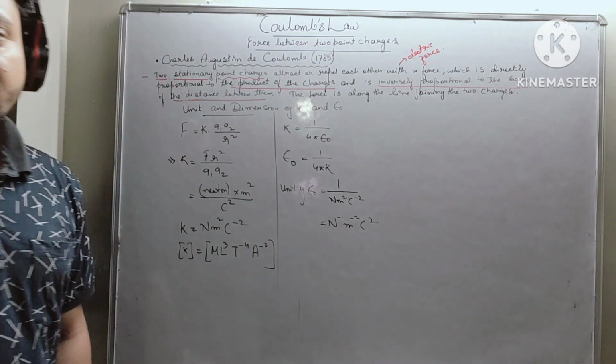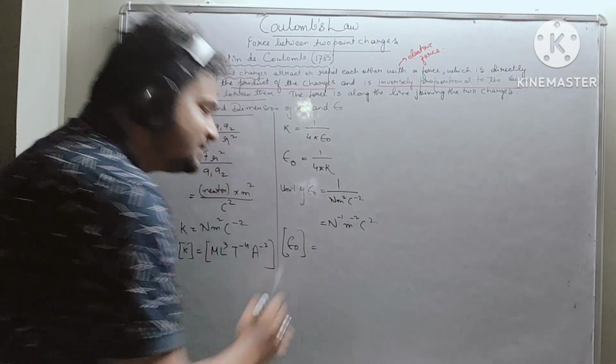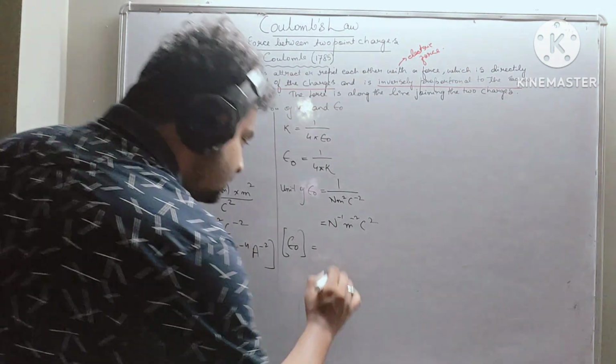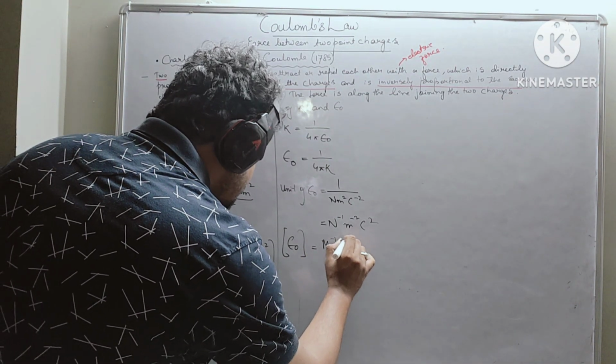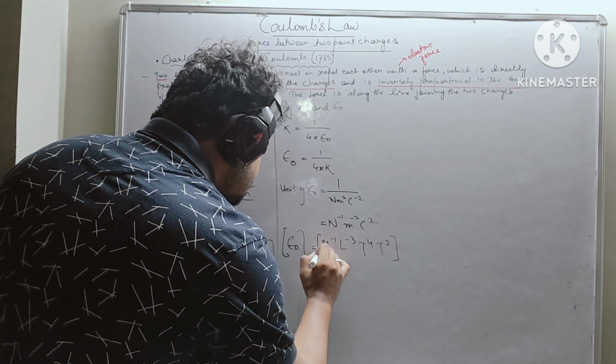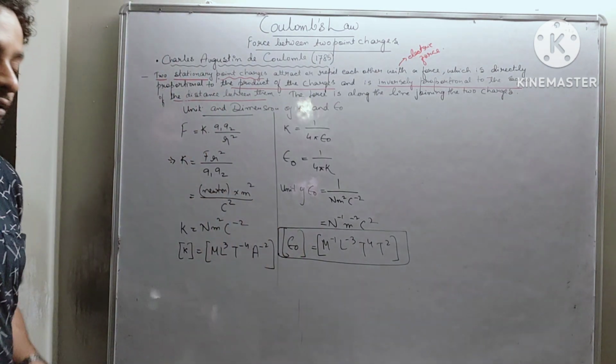The dimension of epsilon naught is just the inverse of the dimension of K, that is M minus 1 L minus 3 T to the power 4 A square.